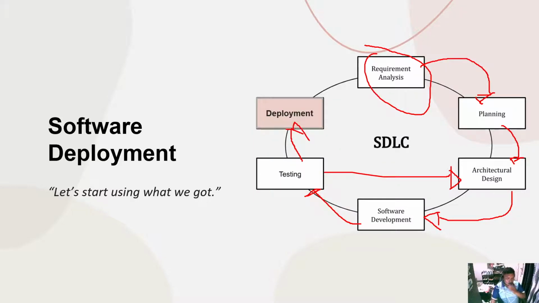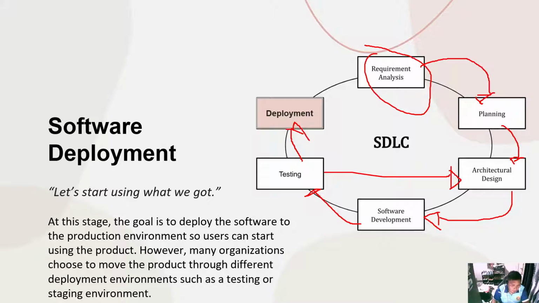So at the deployment stage, the goal is to deploy the software to the production environment so users can start using the product. However, many organizations choose to move the product to different deployment environments such as testing or staging environments. Some will use this final step not for the public, but so that they have another screening for testing on their end, because the earlier testing is only the end for the developers.